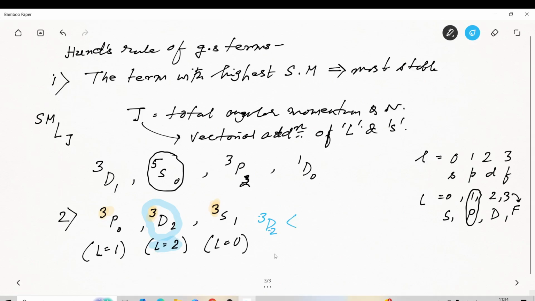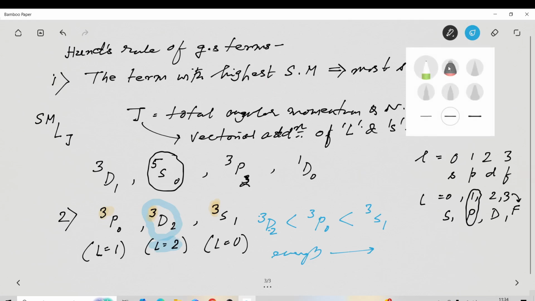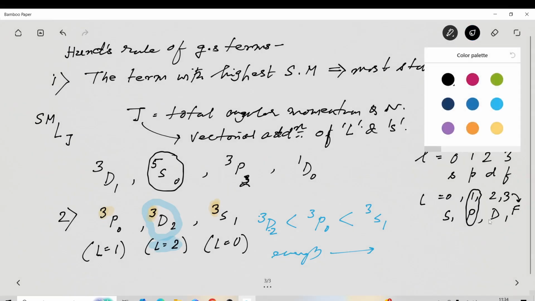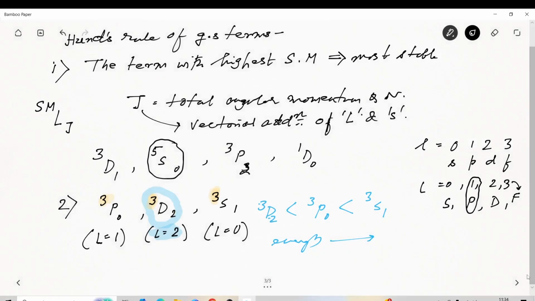In terms of energy, এনার্জি বাড়ছে, increasing: triplet D2, then triplet P0, then triplet S1. So triplet D2 will have the least energy, or highest stability. ঠিক আছে? এখন রুলটা কি বললাম? For a given set of terms having same values of S or spin multiplicity, the one with highest capital L value will be most stable.